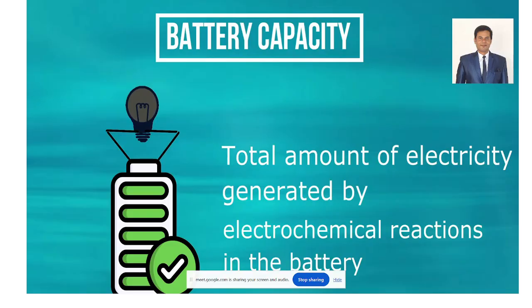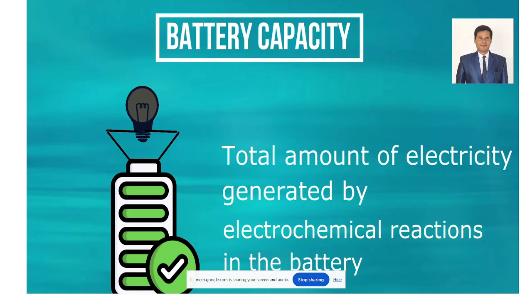The battery capacity, right? What is actually the definition of the battery capacity? It is the amount of electricity which will be generated by electrochemical reactions in the batteries. During the charging of the batteries, it will generate a certain amount of energy, which is required to deliver the energy to the loads by the chemical reactions. We discussed in the previous sessions how the chemical reaction happens from the photovoltaic cells to the battery.